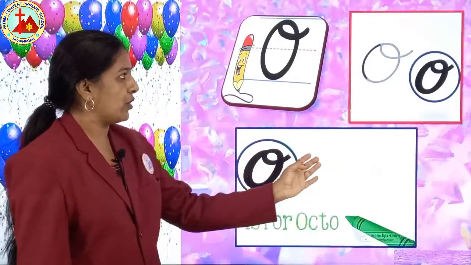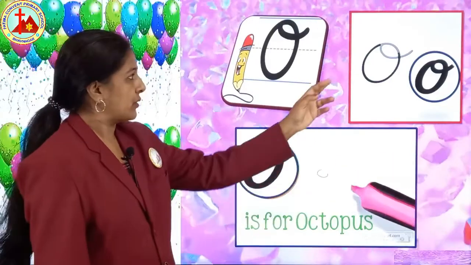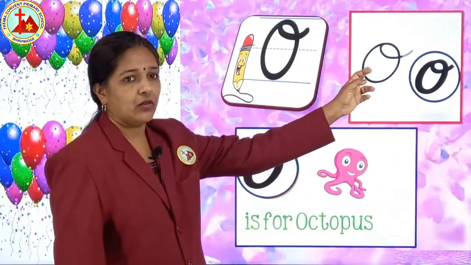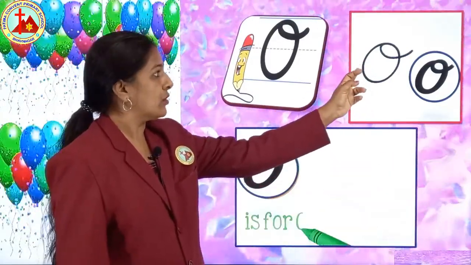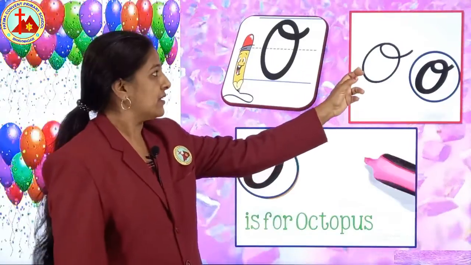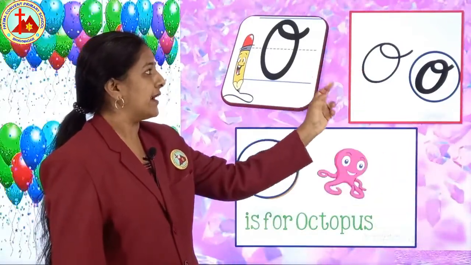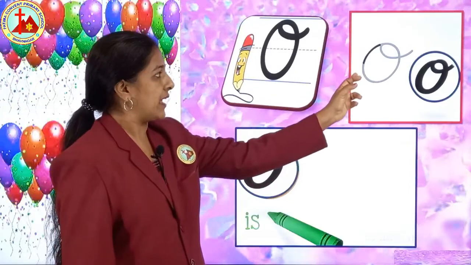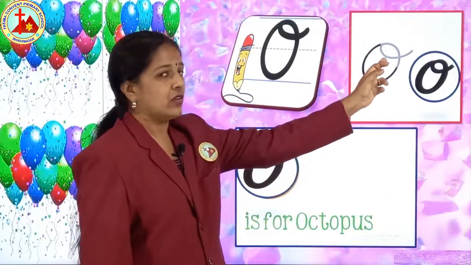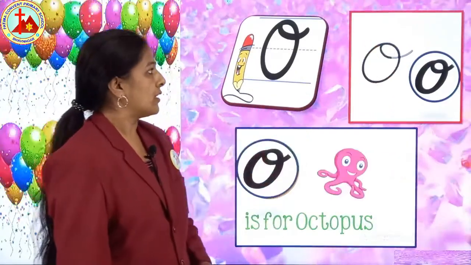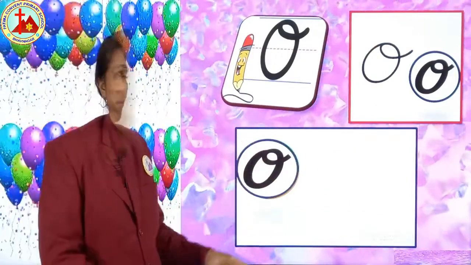O is for octopus. You can see here how you have to write. So be careful and learn like this.